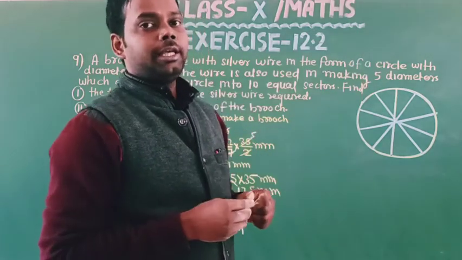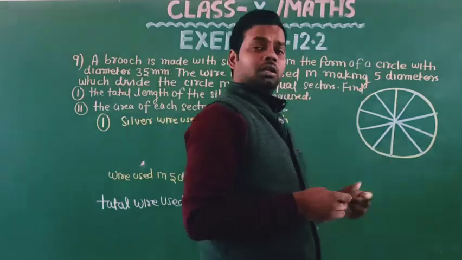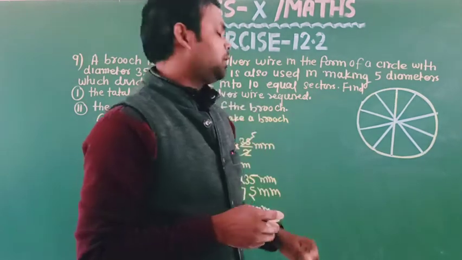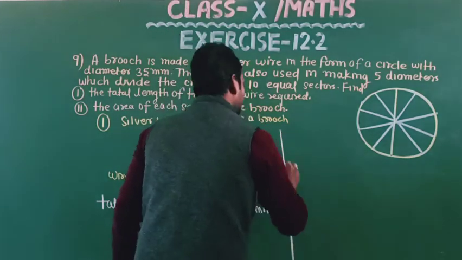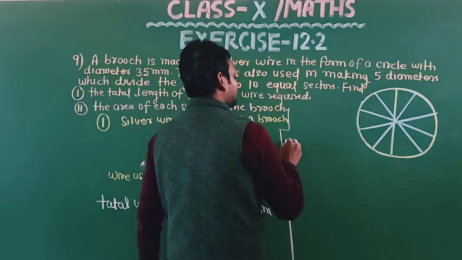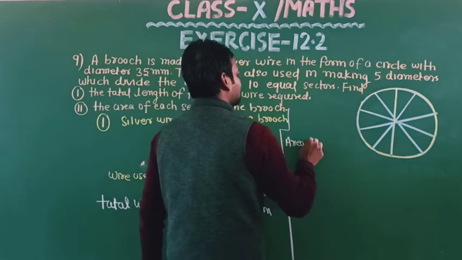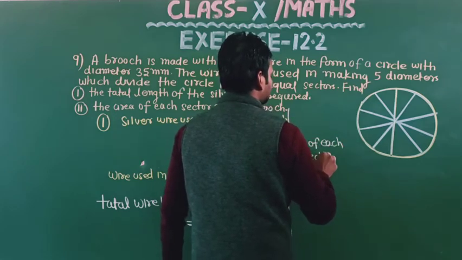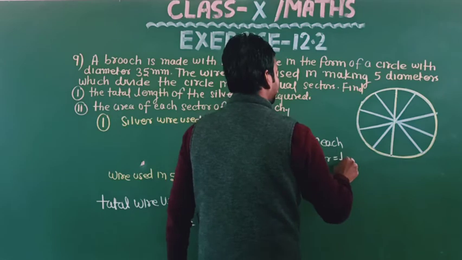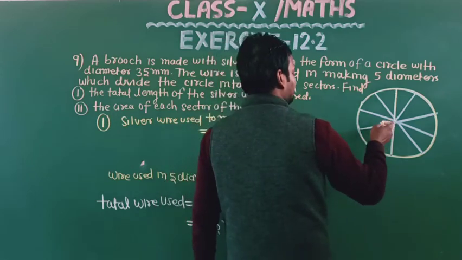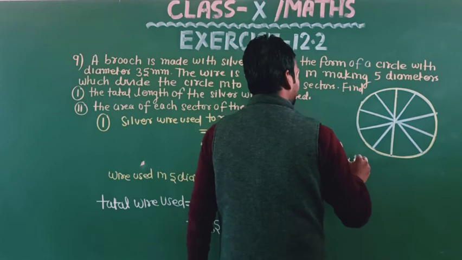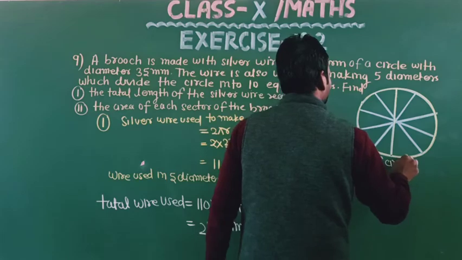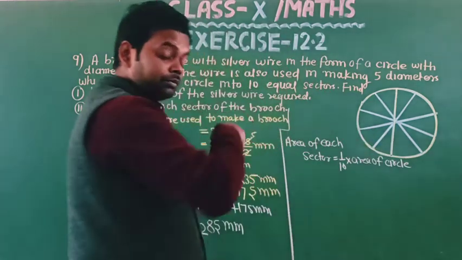So we can say the area of each sector is equal to 1 by 10 of the area of the circle.